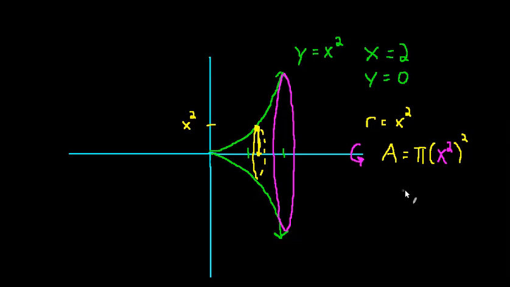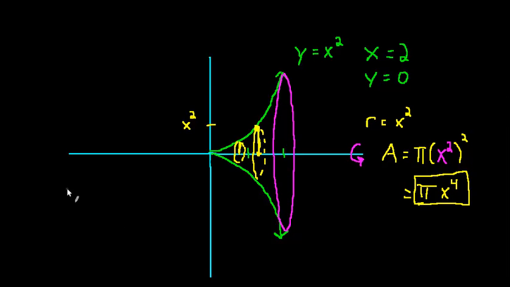So the final area is pi times x to the 4th. This is the area of just some random disk, and wherever x is, the radius right here is still x squared.